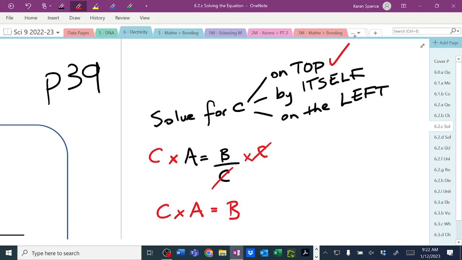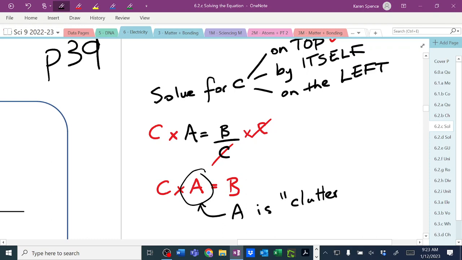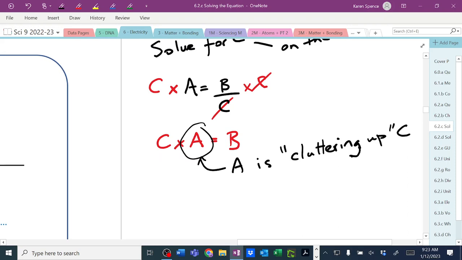Now we need C by itself. Who is cluttering up the C? Who's causing the problem? Is it B? A, because we've got C over here, we don't want to have A. A is cluttering this up. So we want to get A out of there.